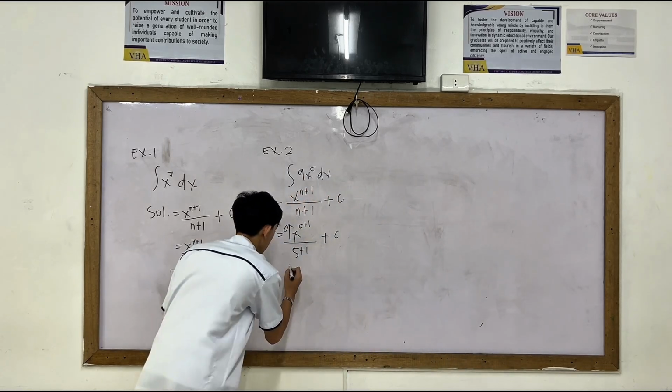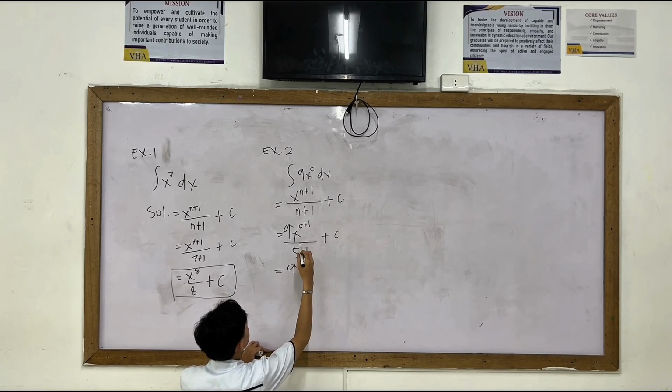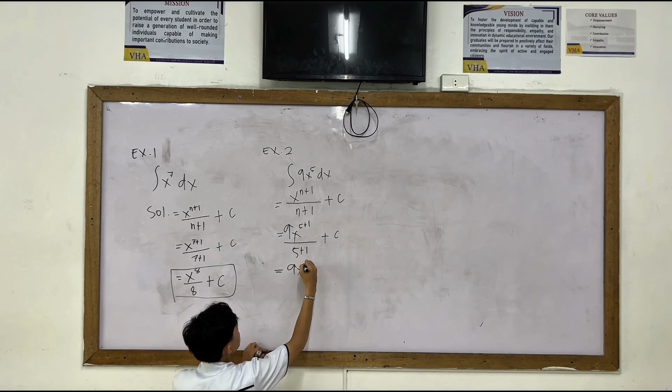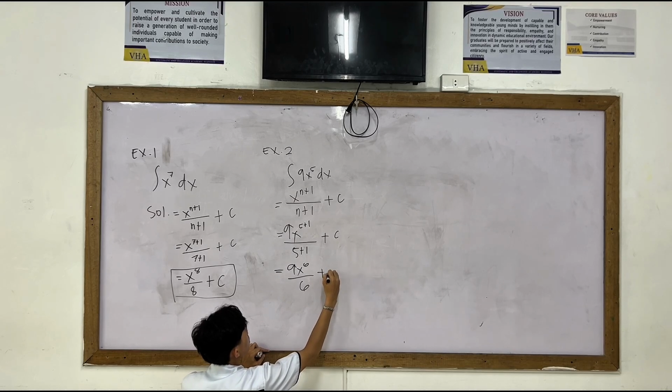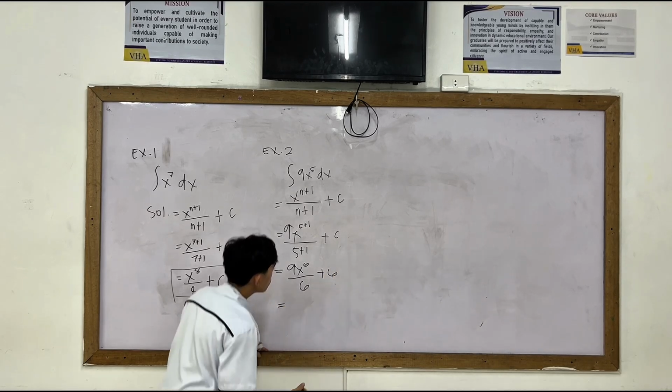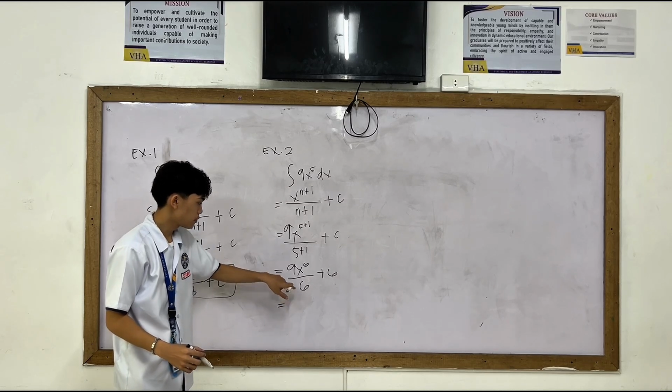Now we simplify this. 9x, 5 plus 1 is equal to 6, plus c. We know that this expression is the simplest form.